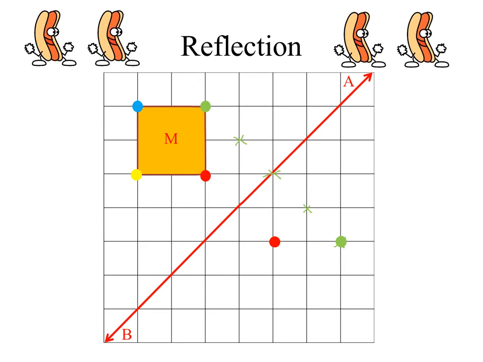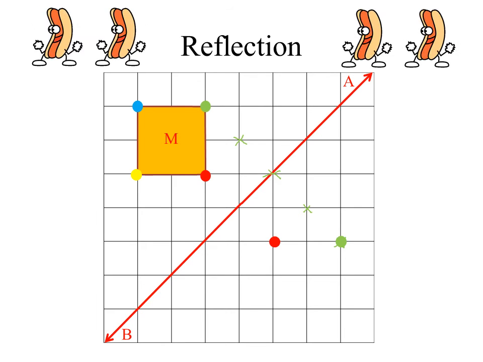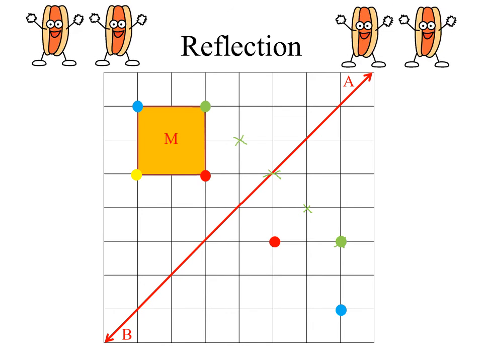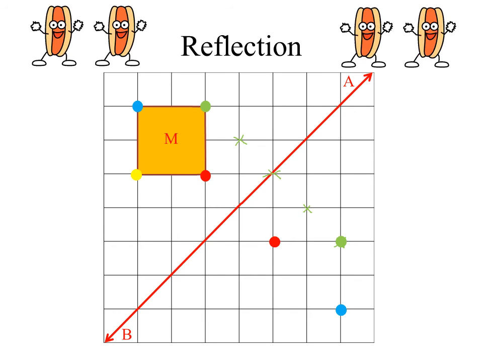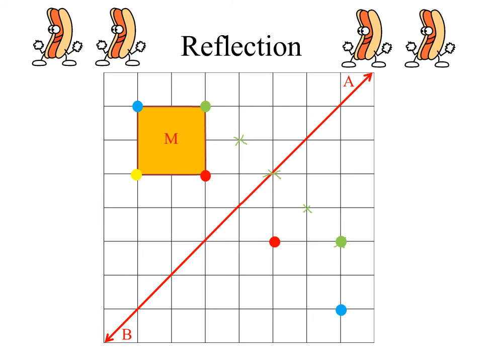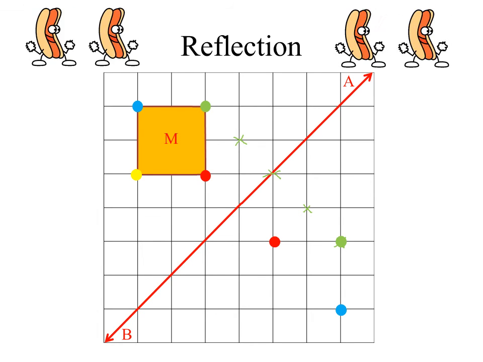Let's look at the red. Red is moving 1 unit to our axis of reflection, and 1 beyond it. Easy peasy, just 1 unit there.